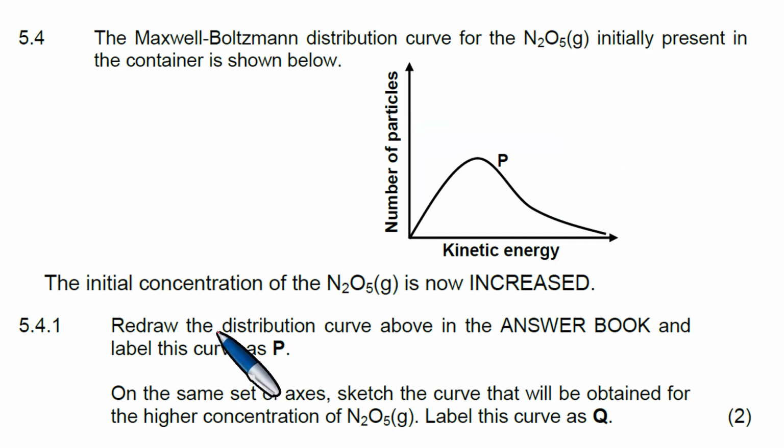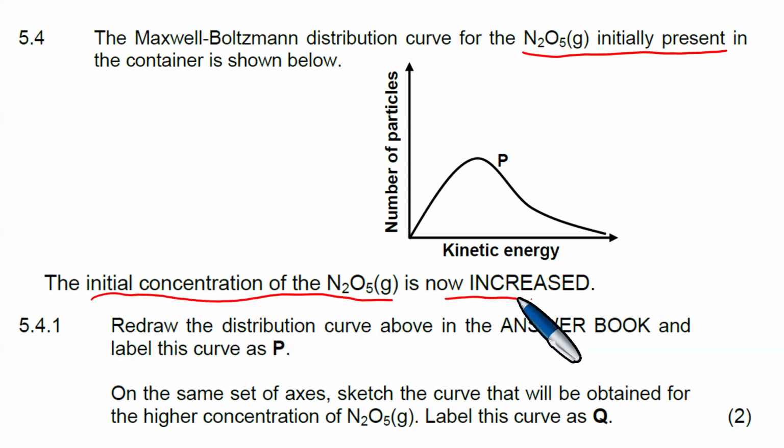The Maxwell-Boltzmann distribution curve for the N2O5 gas initially present in the container is shown below. Remember, N2O5 initially present in the container. This is the graph. The initial concentration of N2O5 is now increased. Somebody says, hang on, it is there, but it's being increased.